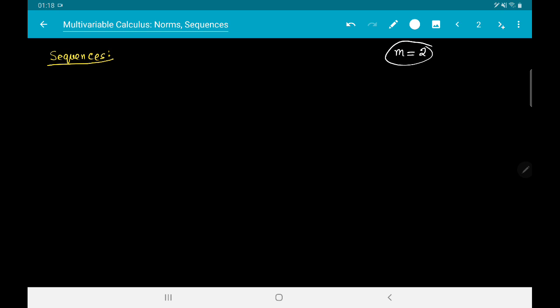But many of the things that I'm going to teach you during the upcoming lectures will go through for higher values of m as well. In your syllabus, the object that we are mainly considering is the two-dimensional Euclidean space. So what is a sequence in R2? A sequence in R2 is a map, let's say f, from the set of natural numbers to R2.